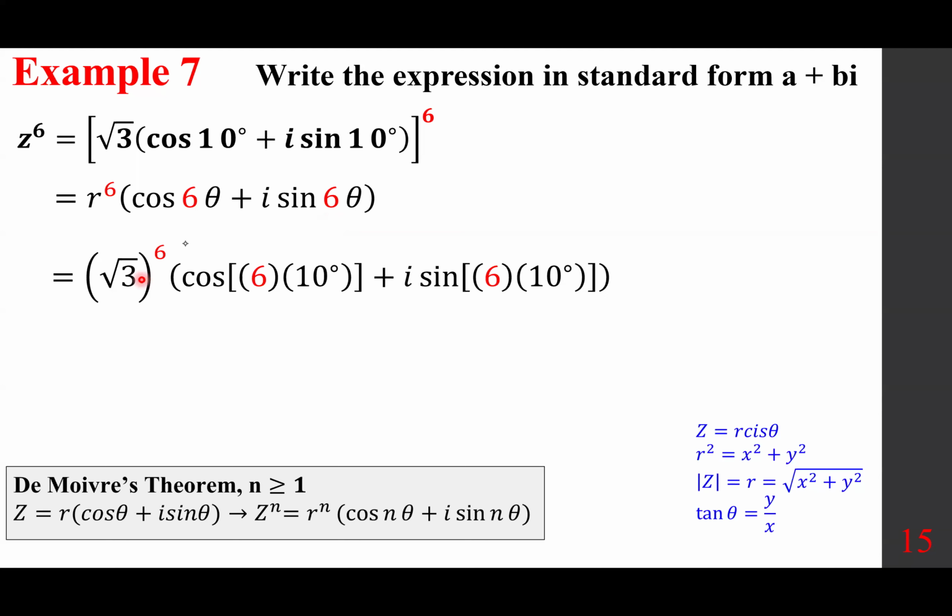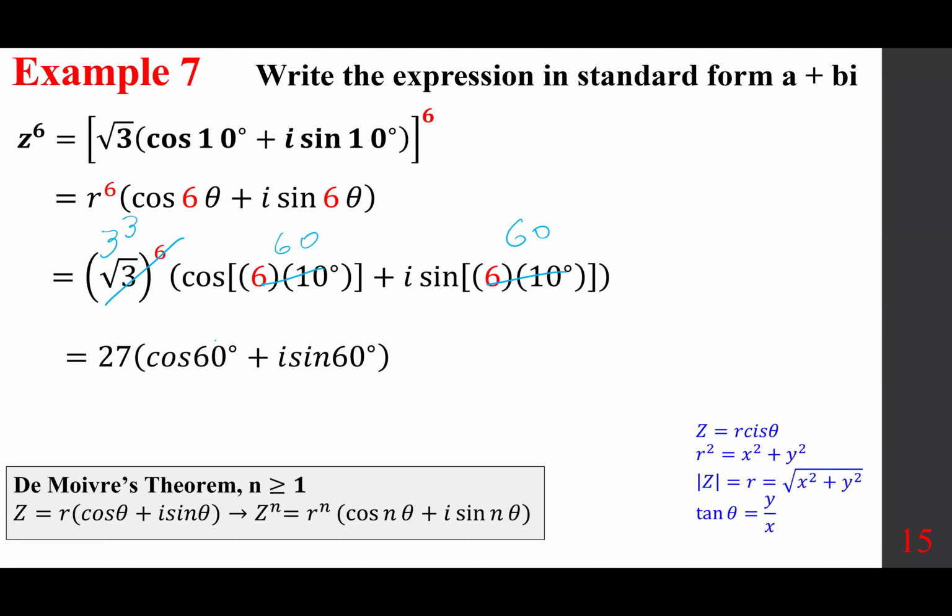Now, square root of 3 to the power of 6, that's the same as 3 cubed. So you have 3 cubed or 27 times cosine of 60 plus i sine of 60.